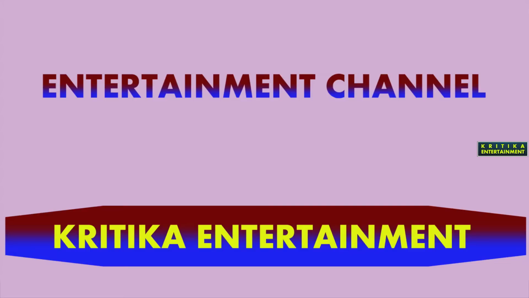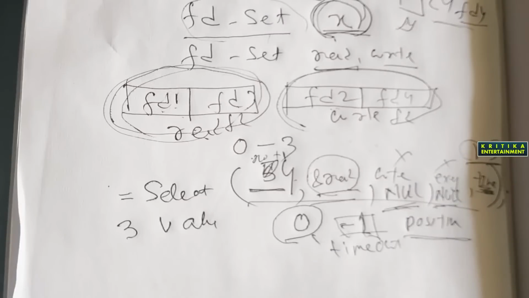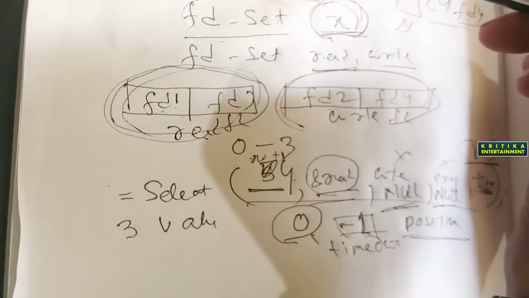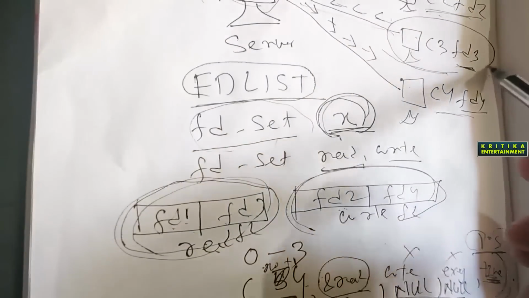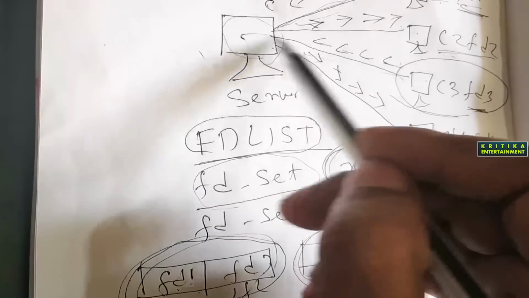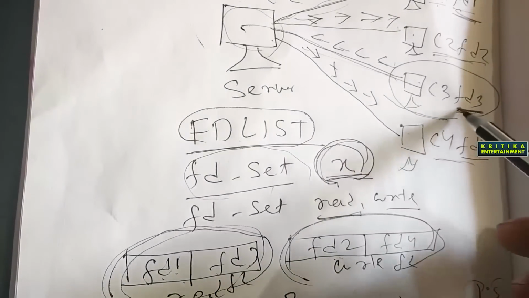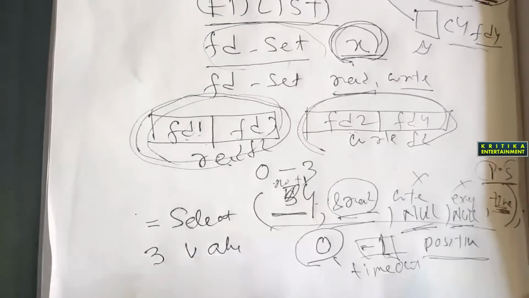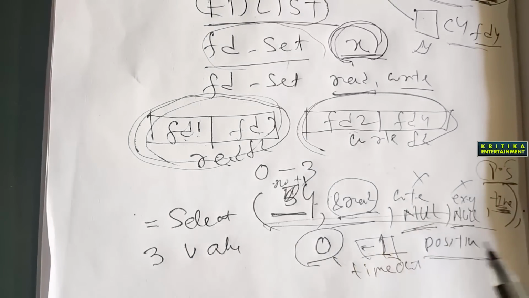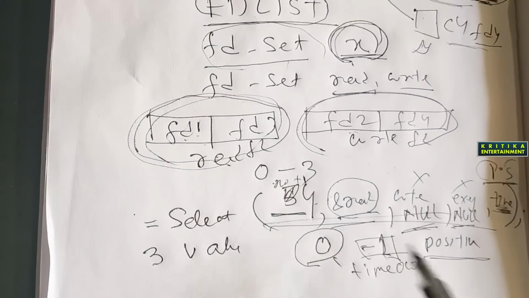Then positive means, suppose this FD has some data and the server reads this FD. Which FD number is this? FD3. That means it returns the FD for which data is available to read from the client.